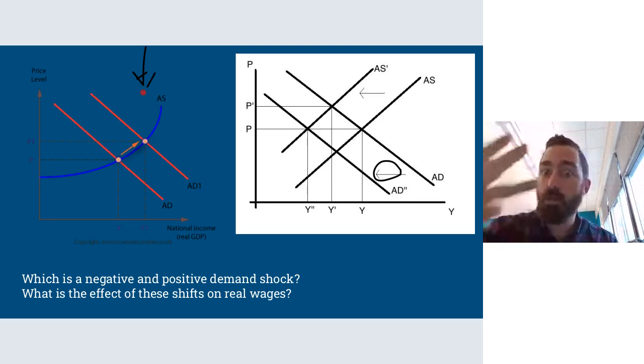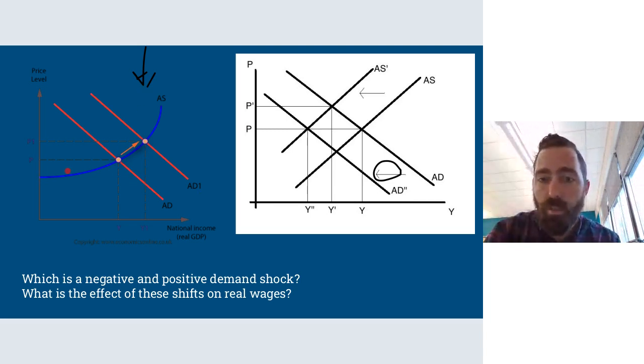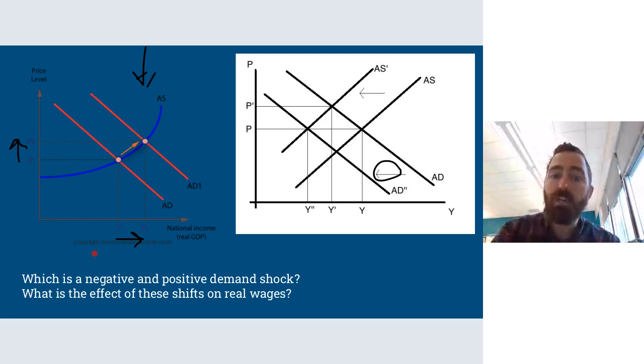So if we looked at the one on the left here, the positive demand shock, prices have increased. In this case, this is healthy inflation, and GDP has increased. So when you have a positive demand shock, price levels go up, real wages fall, GDP increases, and unemployment decreases.